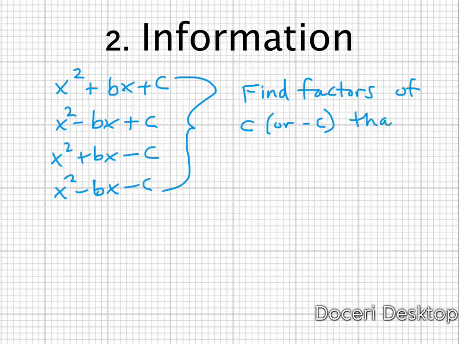And those two numbers we want to add to our b value. Or in the second and fourth example, we want it to add to negative b. Okay? So let me show you a couple examples of this.